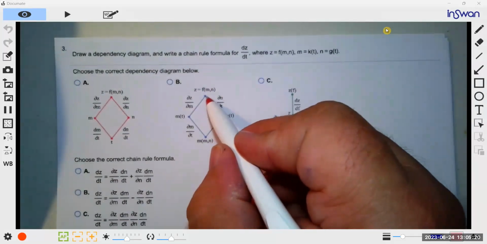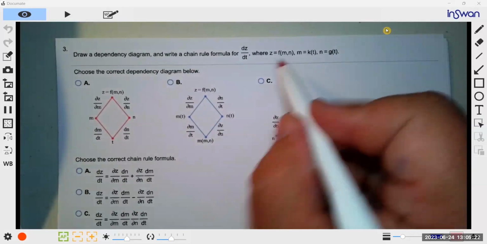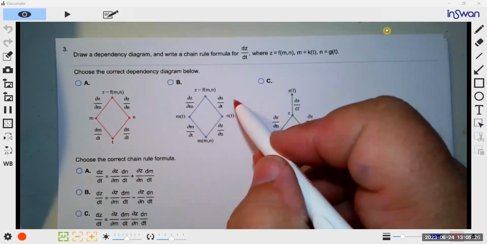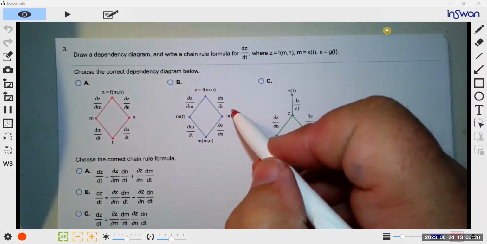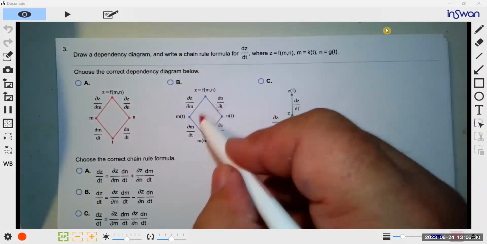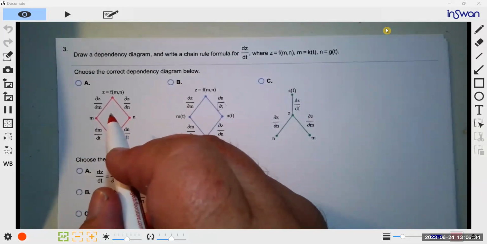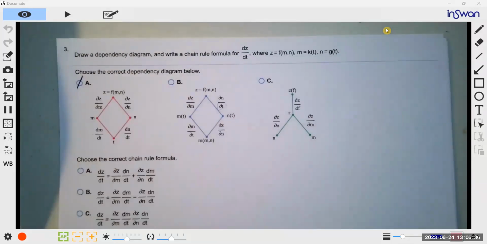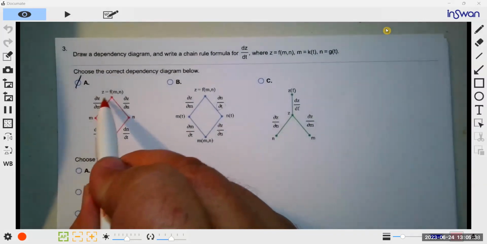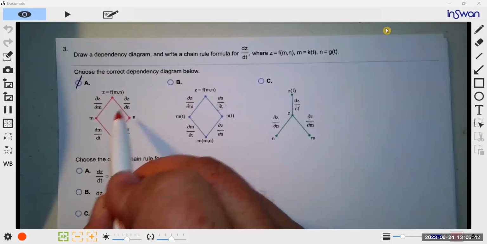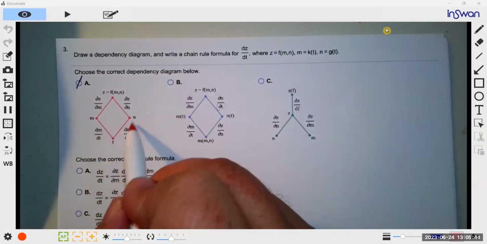So the first one is z with respect to m, z with respect to n. That's with respect to t, so that's wrong. So that one has to be A. Because the first step is z with respect to m, z with respect to n. Then dm/dt, dn/dt.